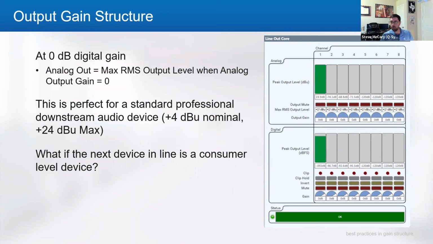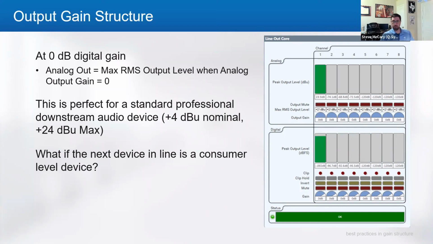At our 0 dB digital gain, our analog output, which is going to be our max RMS output, is going to come in at 0. So this is perfect for our professional downstream device where we want a +4 nominal and a +24 dBu max.